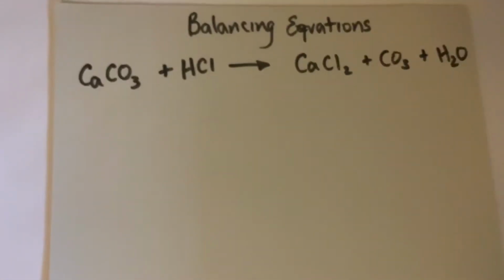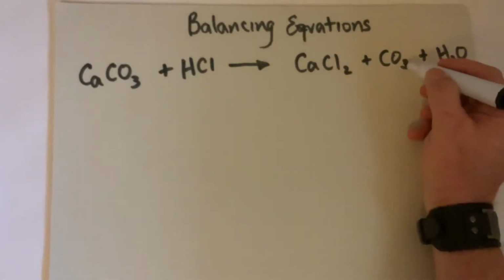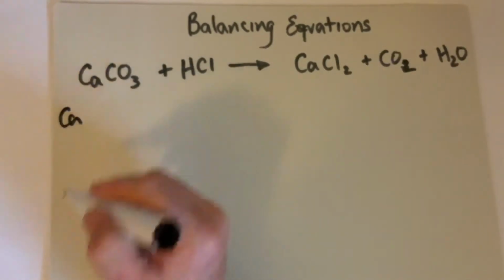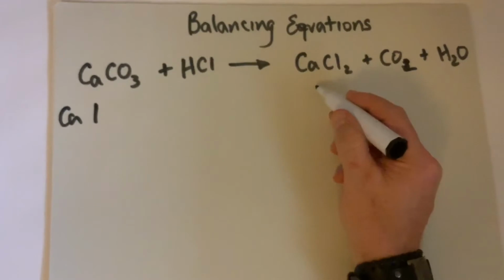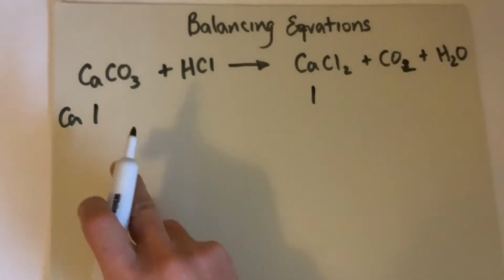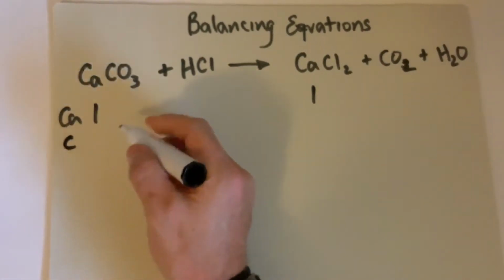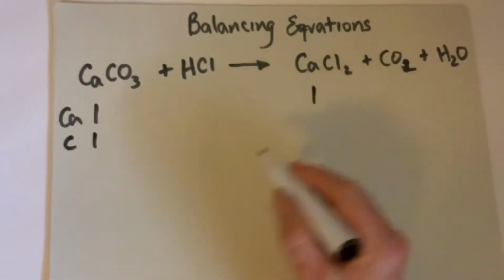We have here the equation for calcium carbonate reacting with hydrochloric acid to give us calcium chloride, carbon dioxide gas, and water. That should be CaCl2, not 3. You can see straight away that calcium, we have 1 on this side, 1 over here. The CO3 is not present on both sides, so we have to treat that as separate elements. Carbon, we have 1 carbon here, 1 carbon there.